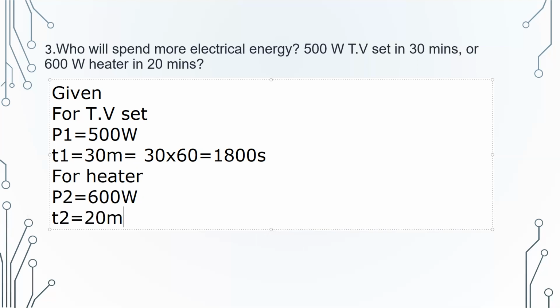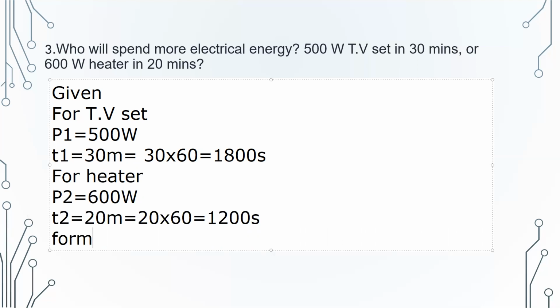Okay, that is equal to 20 into 60, that is equal to 1200 seconds. Now we have to find the electrical energy. Formula for electrical energy is H is equal to P into T.